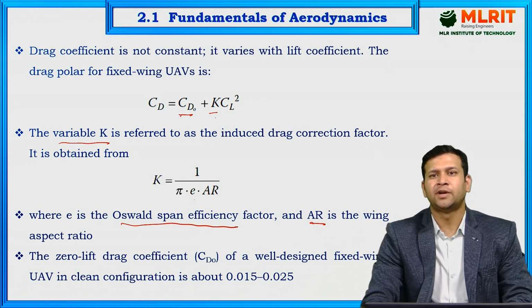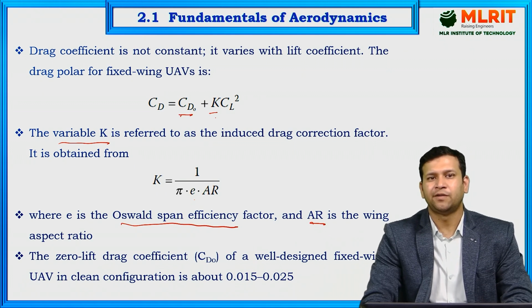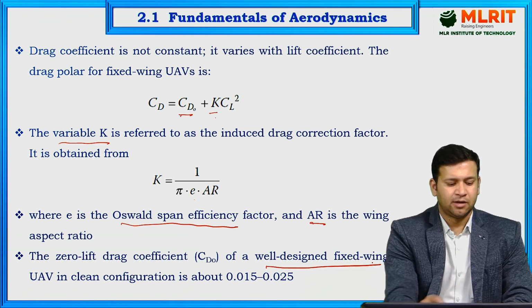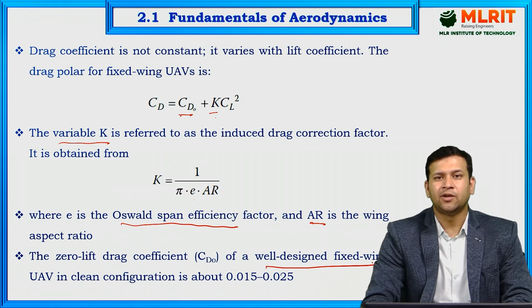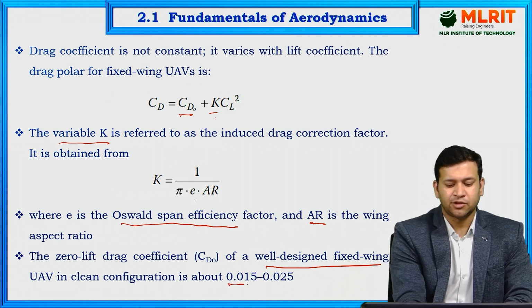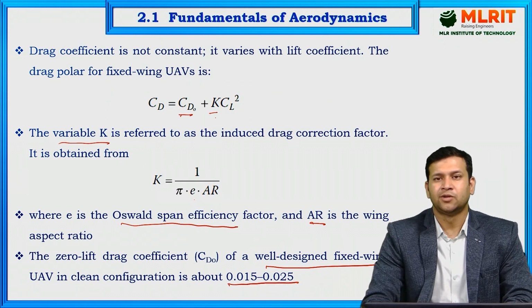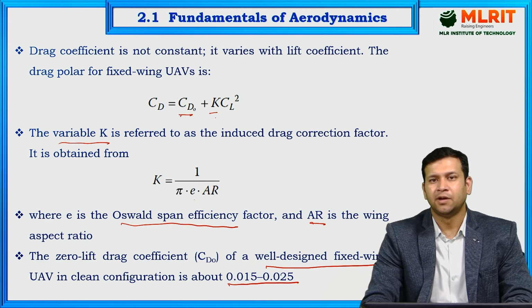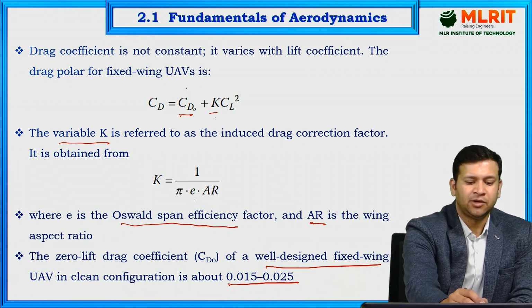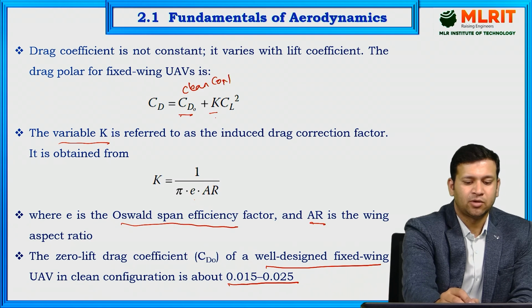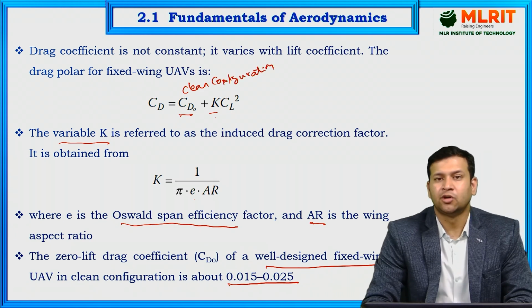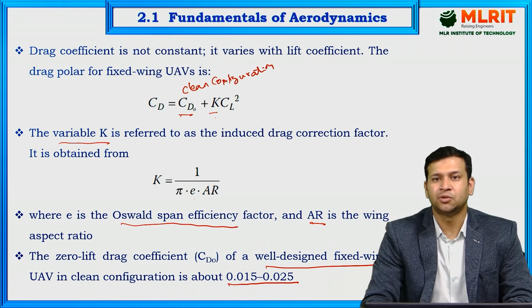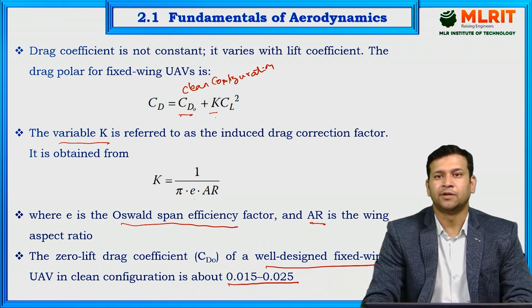The zero lift drag coefficient of a well-designed fixed wing unmanned air vehicle in clean configuration is within the range of 0.015 to 0.025.